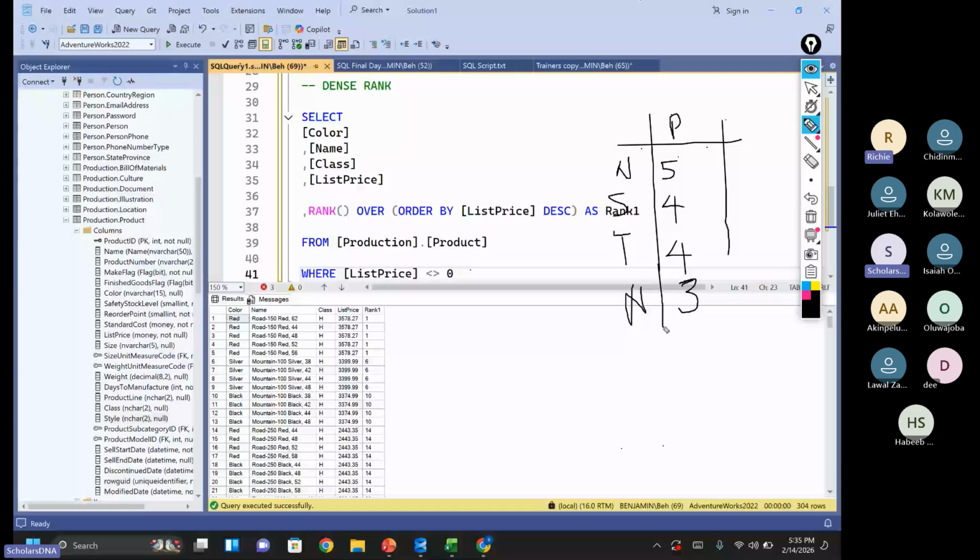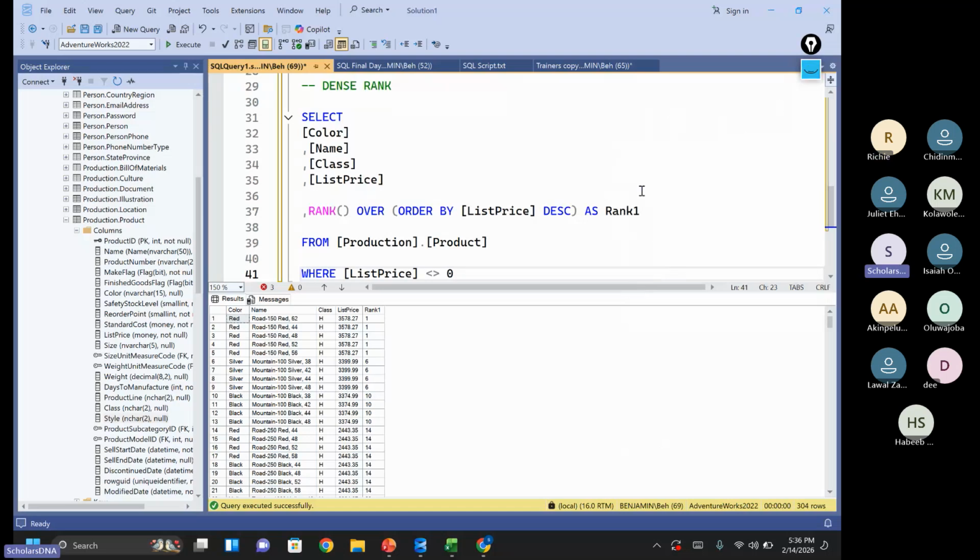For us to do a dense rank of this, it will be 1, 1, 2, and then 3. Unlike the normal rank, 1, 1, 1, then the next is 6, the dense rank will give you number 1, then the next number will be 2, then 3, and then 4. So the dense rank is simple.